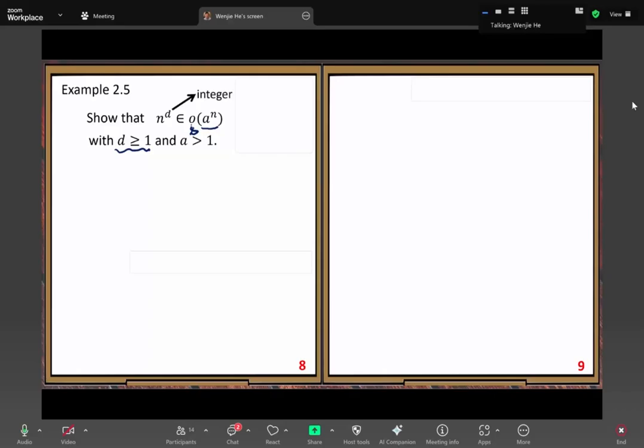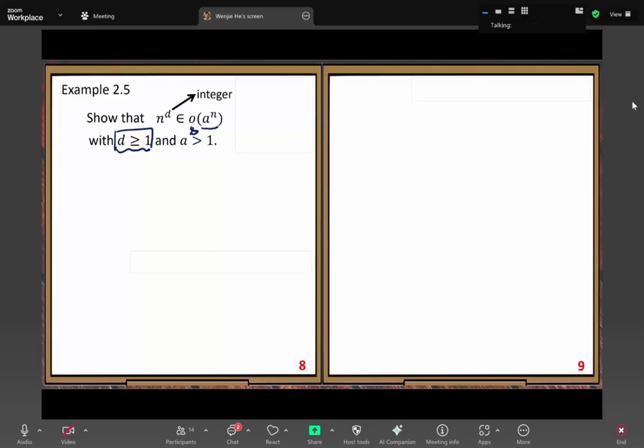When we calculate the limit, let's look at our d number. Here I give you d greater or equal to 1, but I didn't say d is an integer, right? d may not be an integer. d could be any real number greater or equal to 1.